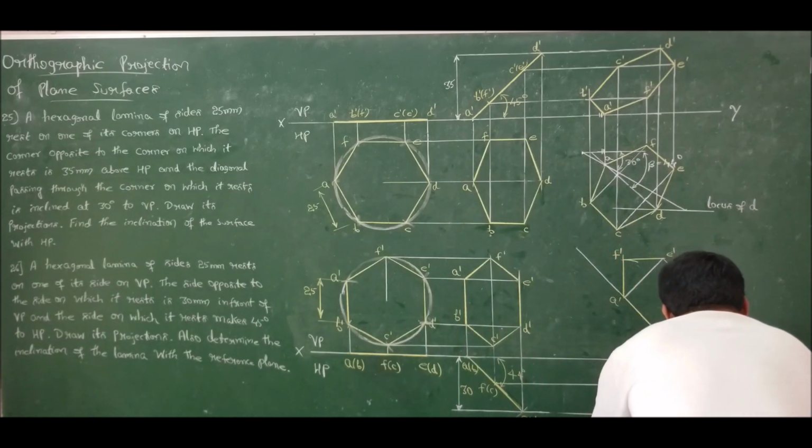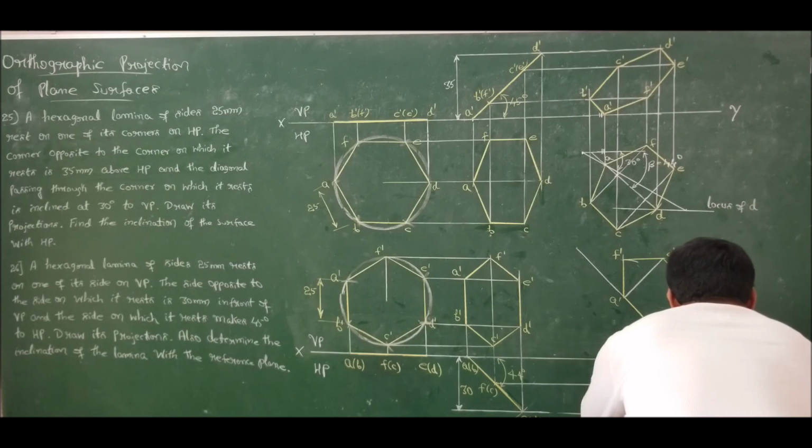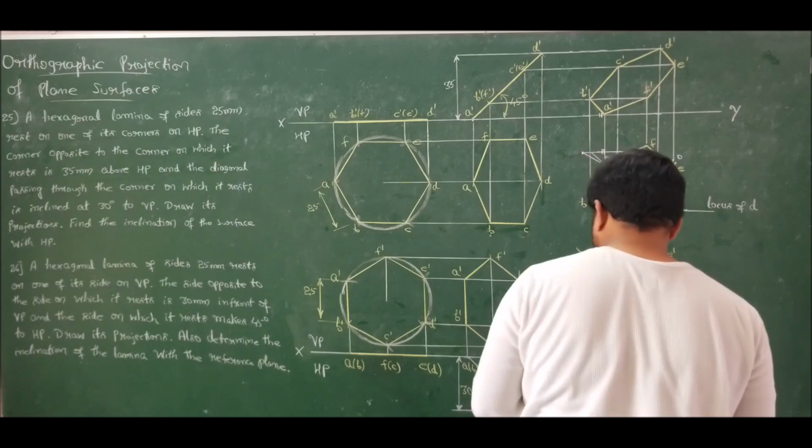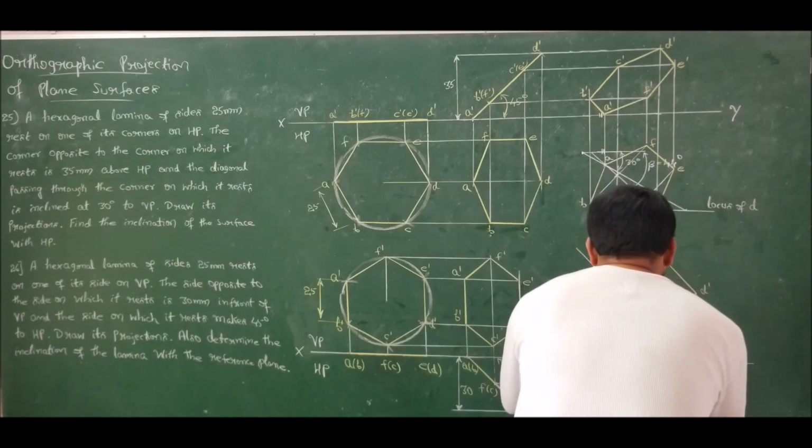So C is still here. We have D. Then we have B. A dash, B dash is here itself.